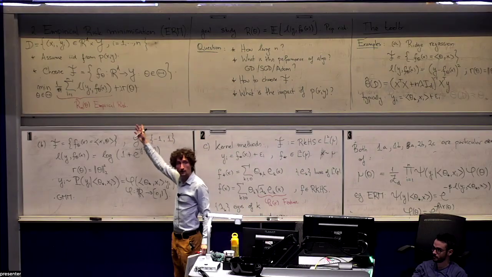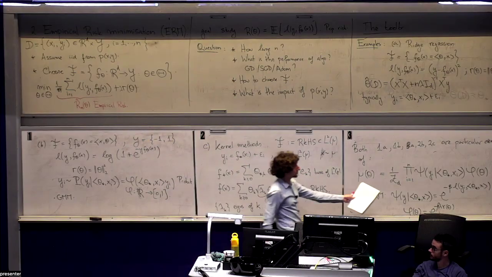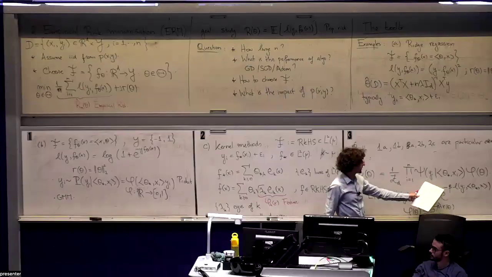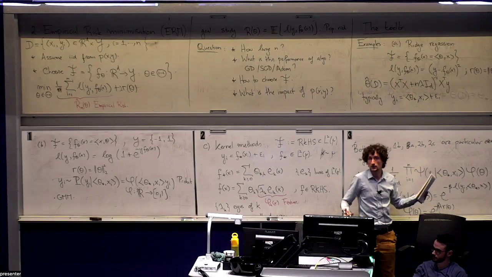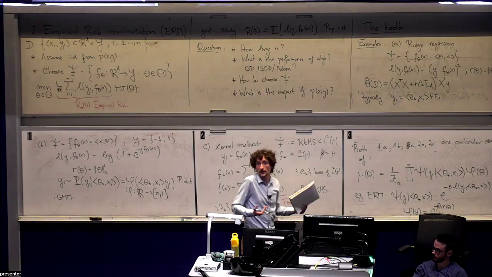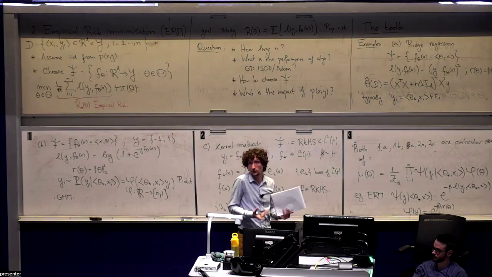So I claim that if you understand the large deviation principle for this measure, you understand the ERM. And if you understand the large deviation principle for this measure for the case where psi and phi come from some Bayesian inference, you understand your Bayesian inference problem, let's say phase retrieval, linear estimation, compressive sensing.